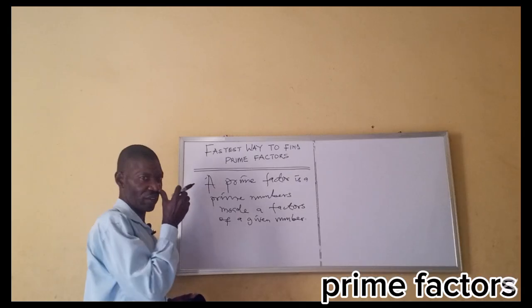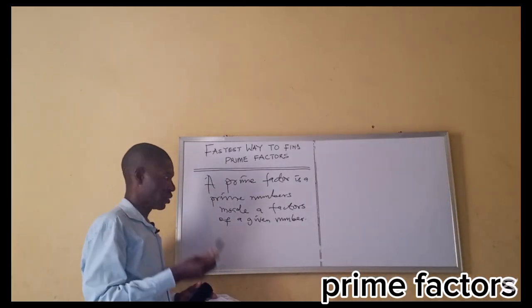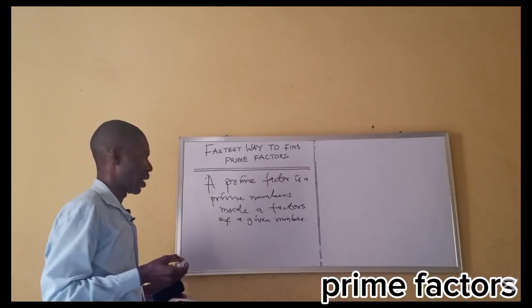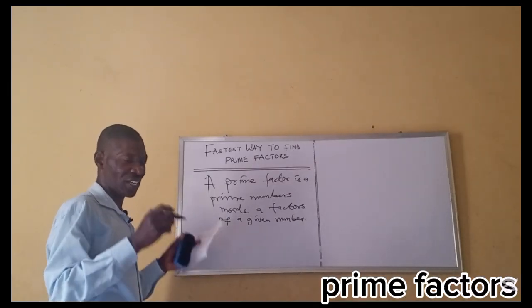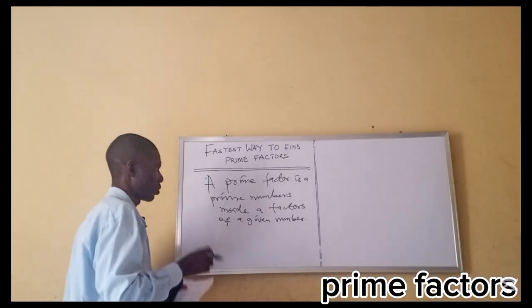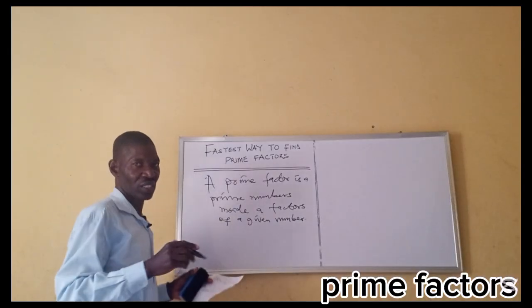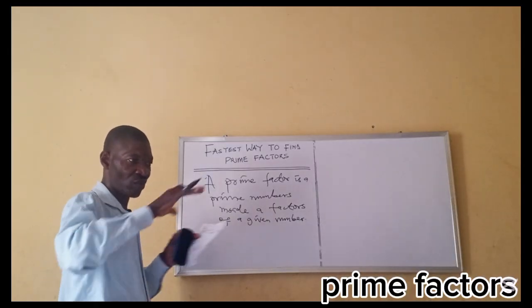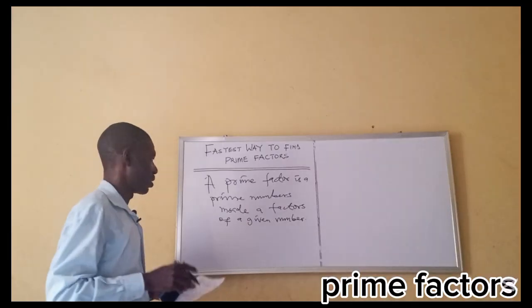And in the last video, I discussed what factors are. Factors of a number are any numbers that divide that number exactly without a decimal place.